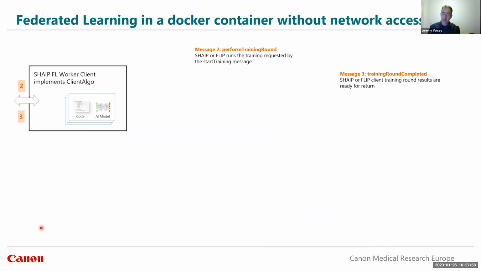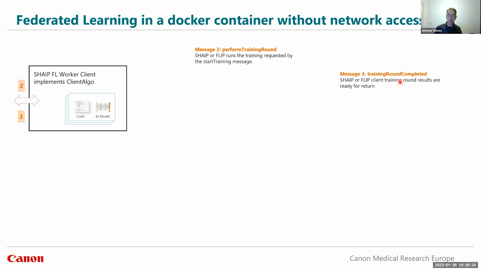What we were trying to do then is federated learning in a Docker container without network access. We've got these messages 2 and 3, and these are the messages that are going across the internet to the server: form training round completed. With this training round completed, you are potentially sending data. What is that data?